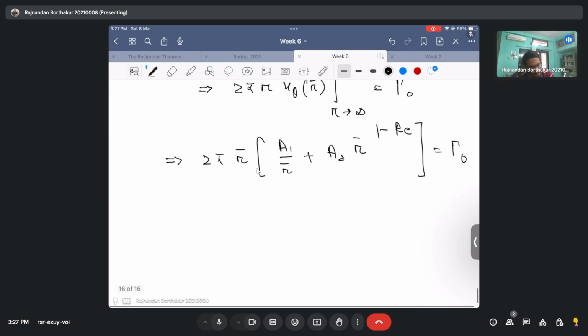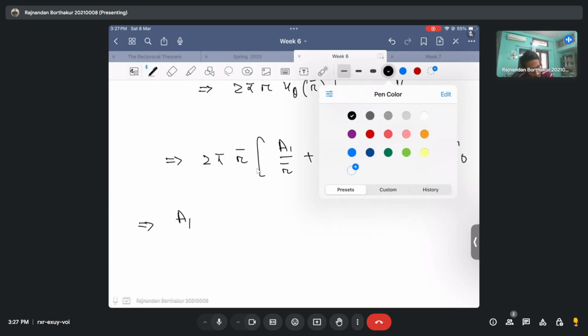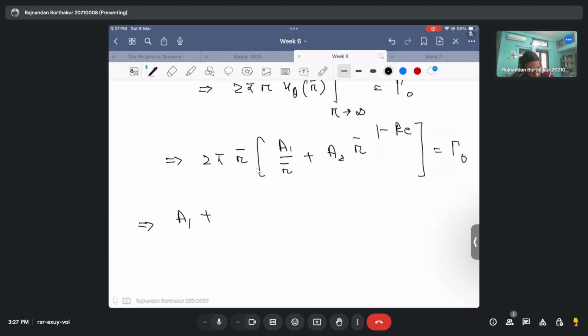Now I will multiply it by r bar, so it just becomes a1, and I'll take this 2 pi, a constant, to the other side, so it becomes a1 plus a2 r bar to the power 2 minus Re, equal to gamma naught by 2 pi.